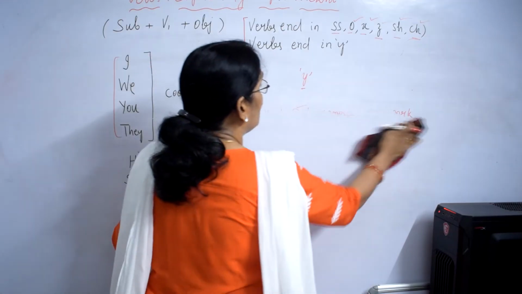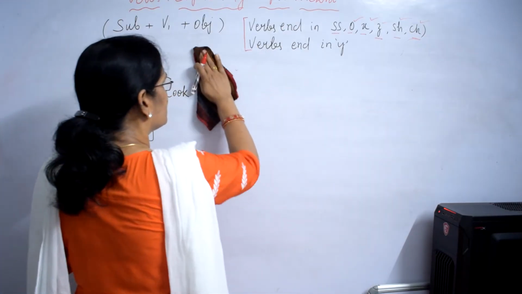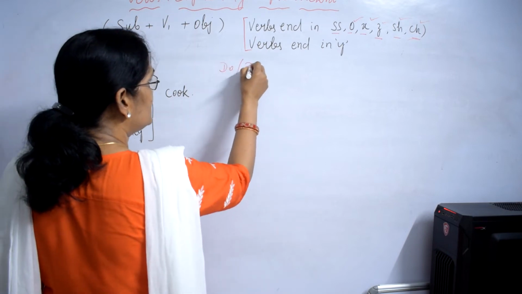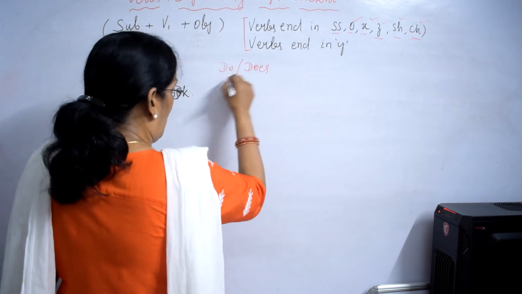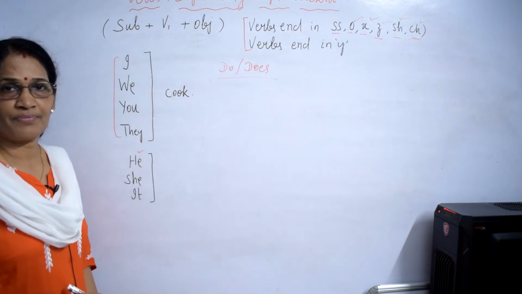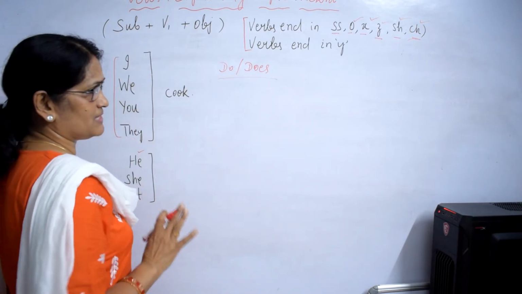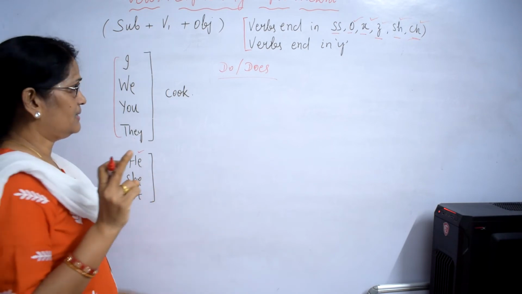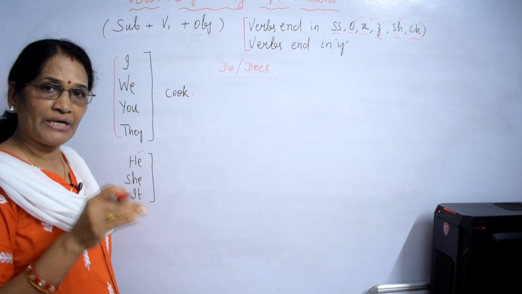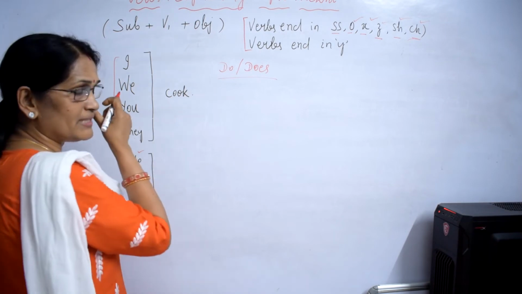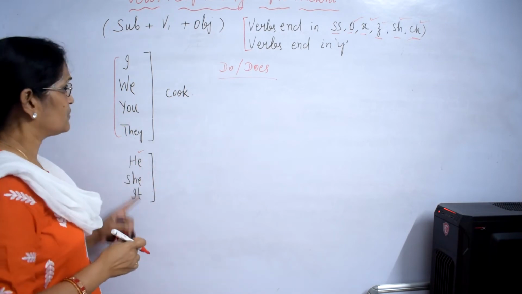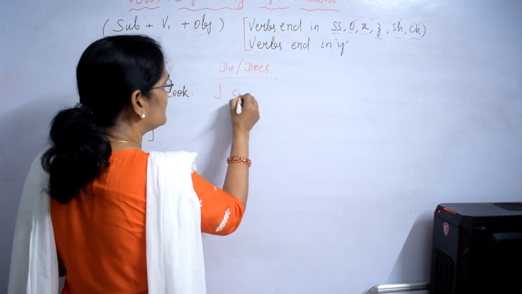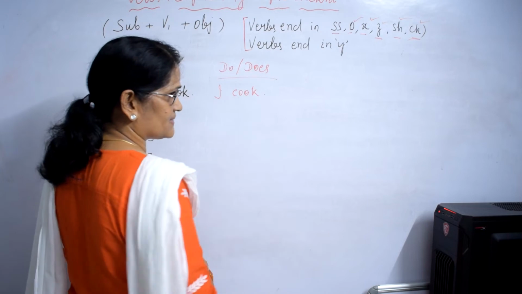Then another two important verbs for simple present. One is do, another is does. Both verbs are used in simple present, in negative sentences, interrogative sentences, and also interrogative negative sentences. So, I cook is the sentence.